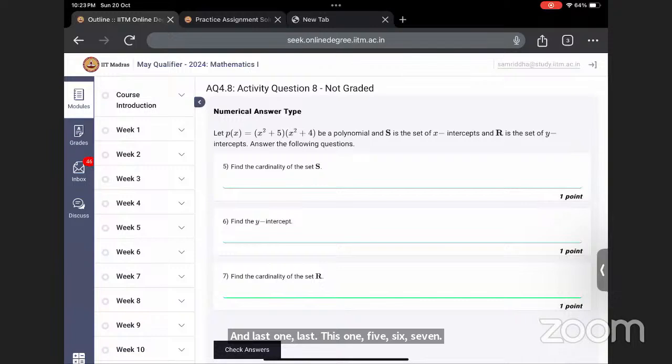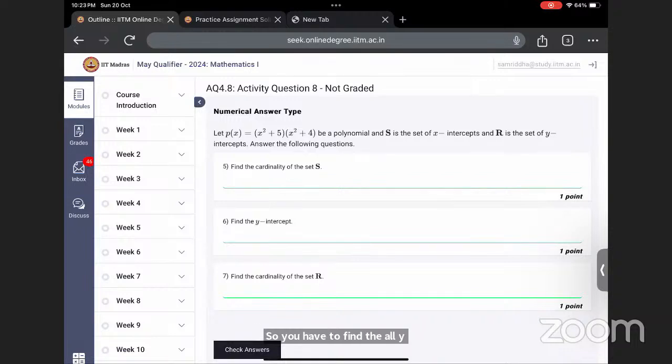You have a given equation, S is the set of all x-intercepts and R is the set of all y-intercepts. In the last question, you have to find the cardinality of set R, that means how many elements are in the set R. So you have to find all the y-intercepts.